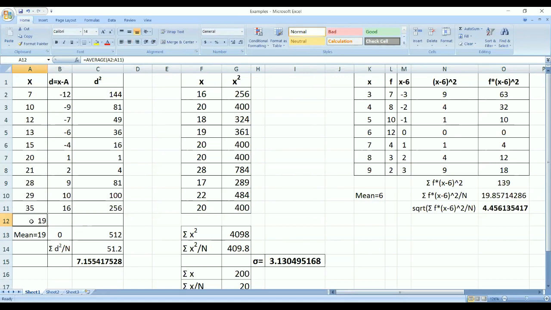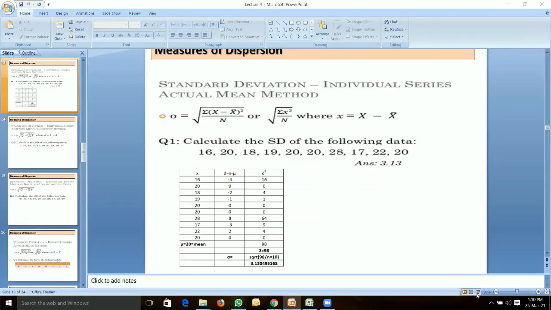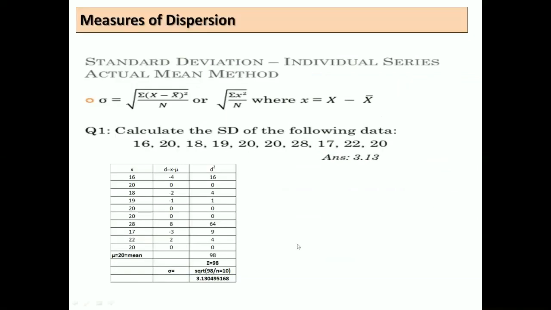For this particular problem, the mean is 19. And in this other problem the mean is 20. I have shared this screen so you will understand how to do it in Excel also.